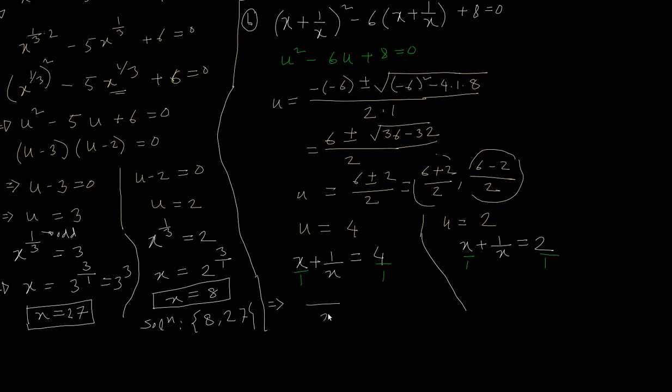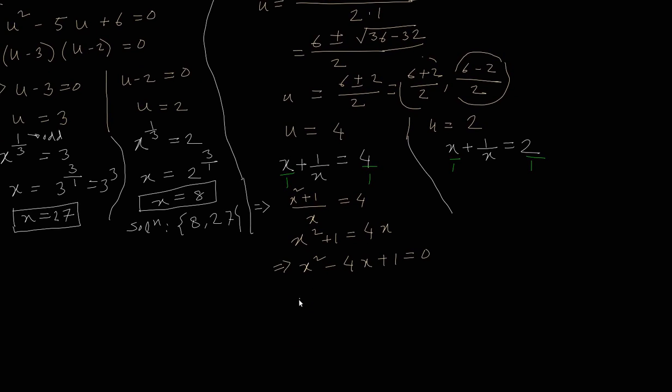I multiply by x, and this is x squared plus 1 equals 4x. So I can write x squared minus 4x plus 1 equals 0.